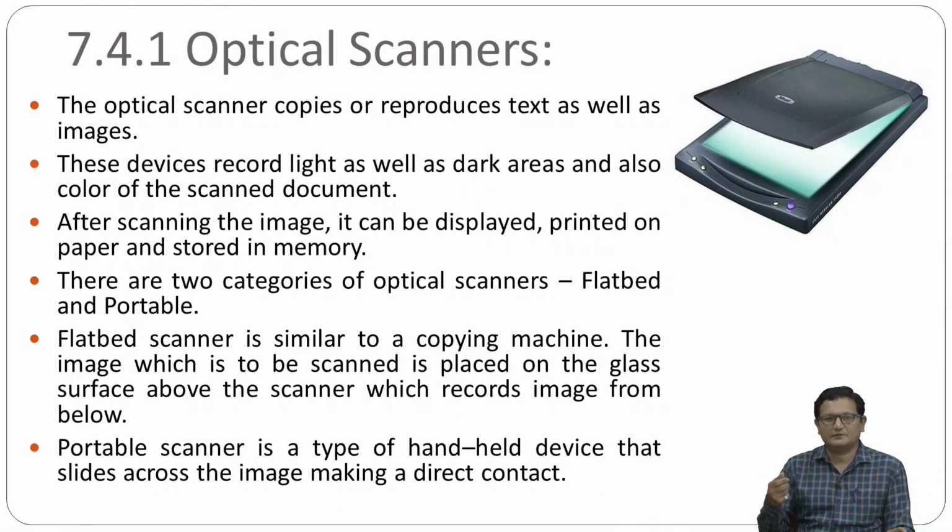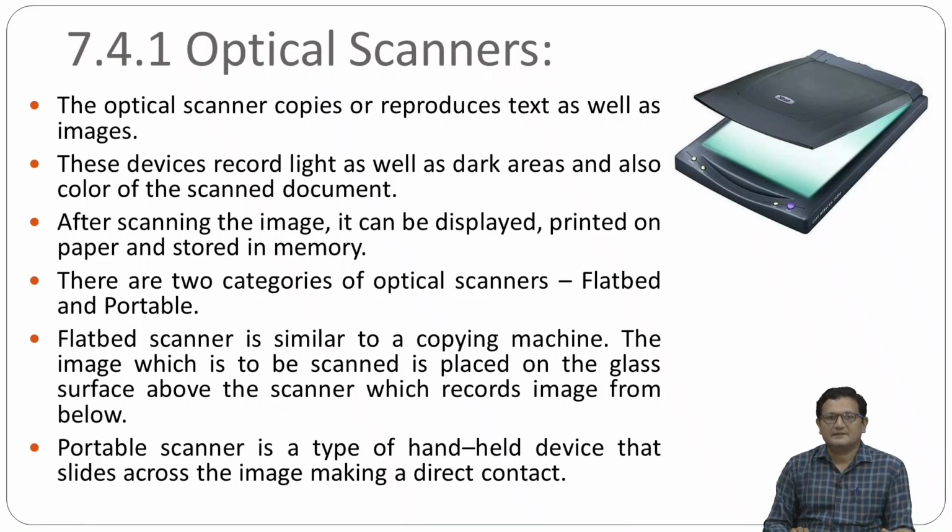If you want to scan any kind of product code, you just have to put that handheld device on the product barcode, and you can easily recognize the product name, price, etc. from that barcode.